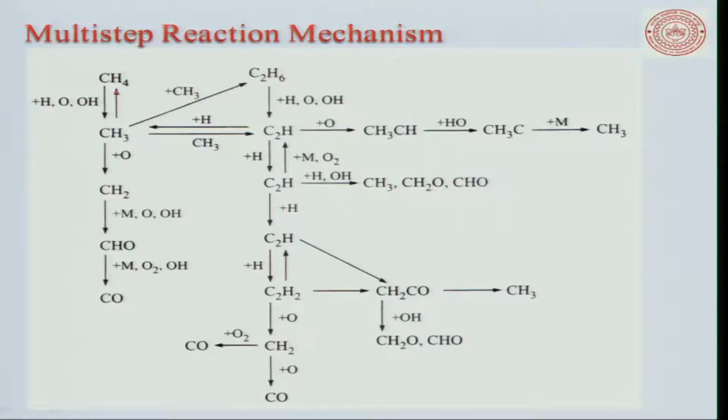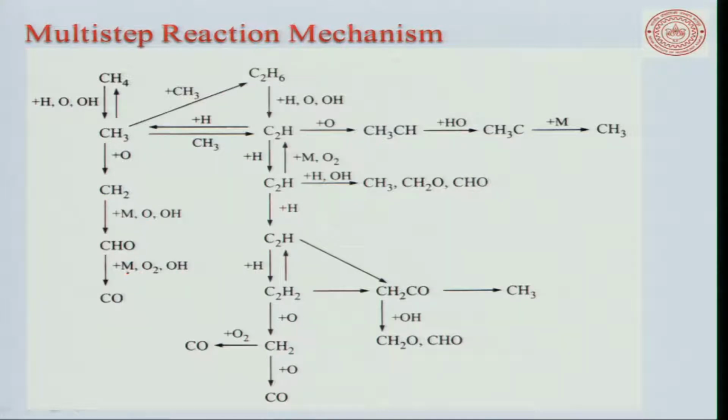For example, I will just give you an example: CH4 can react with H, or O, or OH, and it can go to CH3 and several other products. Similarly, CH3 can react with O and go to CH2; CH2 can collide with a stable species M, O, OH, and go to CHO, and several other products, I am not saying what they will be.